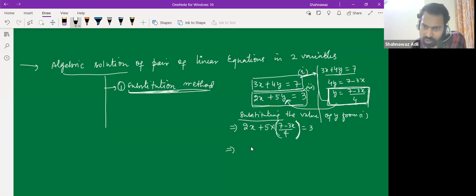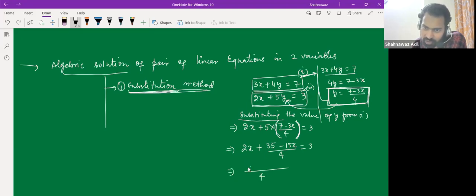Yes. So then the next part is solving. So 2x plus 35 minus 15x by 4 equals 3. So you can see that we can take the LCM, which is 4.